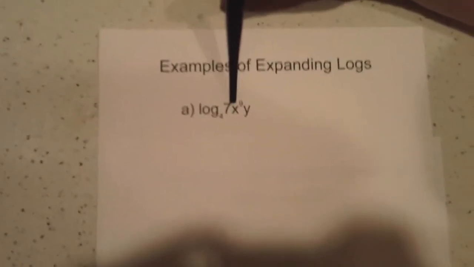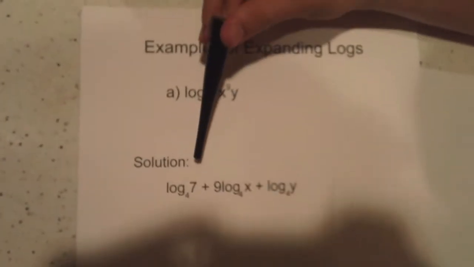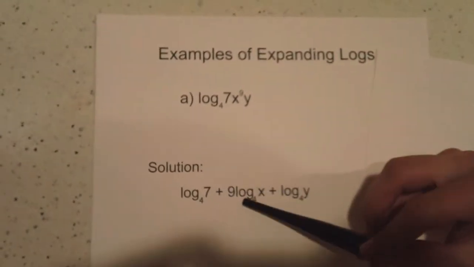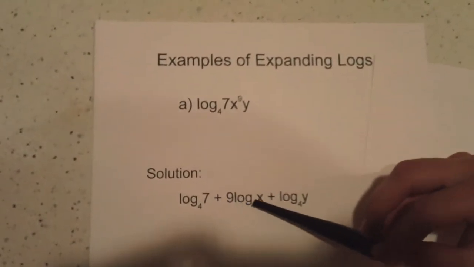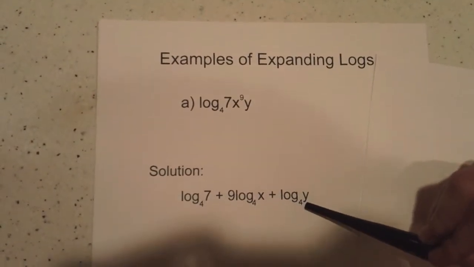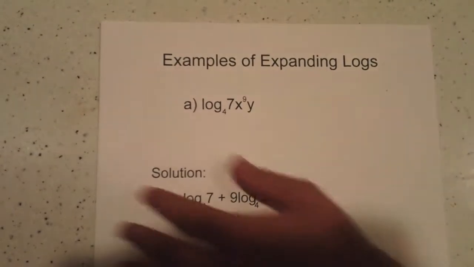Examples of expanding logs. A. Log subscript 4 of 7 times x to the 9th times y. The solution to this is log subscript 4 of 7 plus 9 log subscript 4 of x plus log subscript 4 of y.